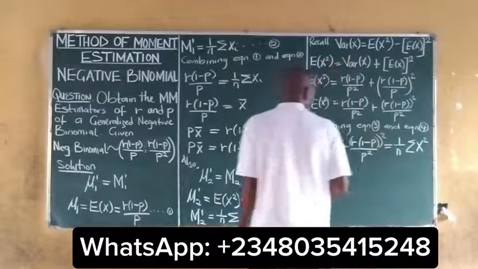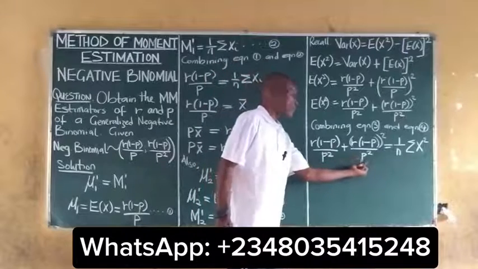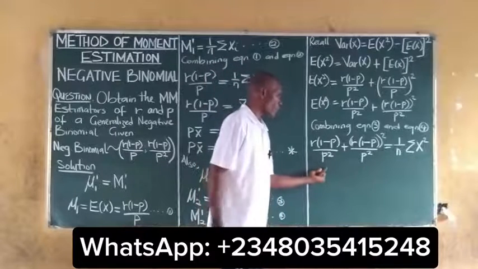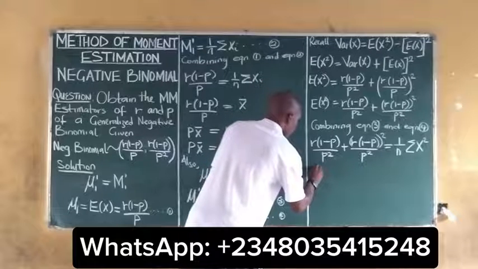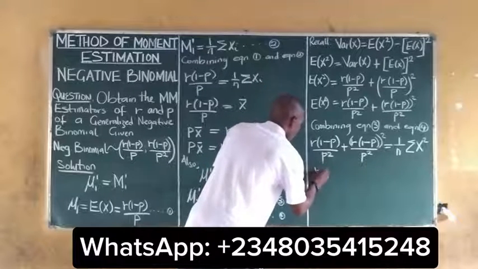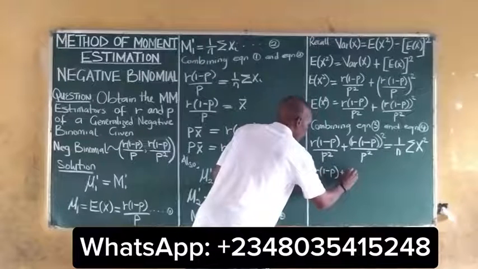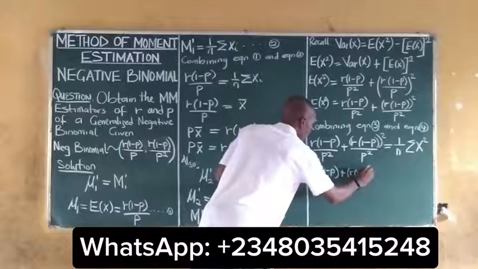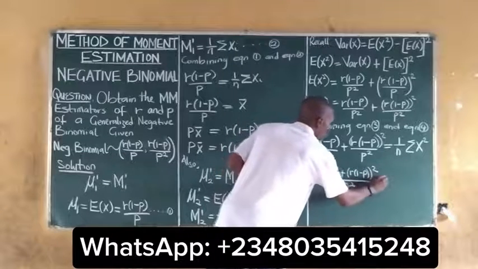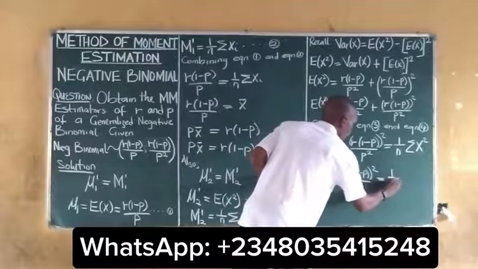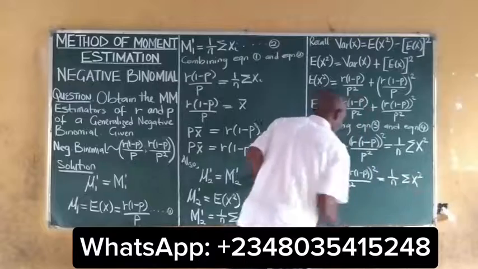So this is what we get. Since they have the same denominator, we can write it as r(1 minus p) plus (r(1 minus p)) all squared all over p squared to be equal to 1 all over n summation of xi squared.